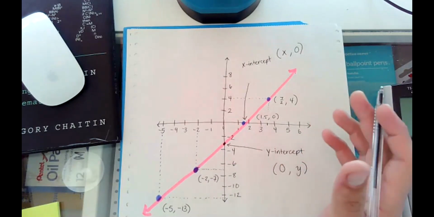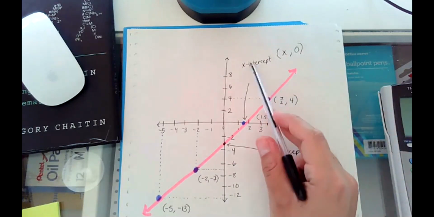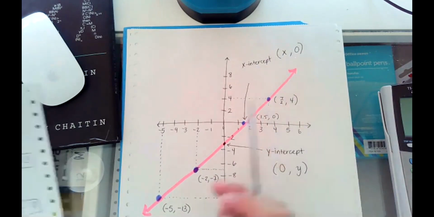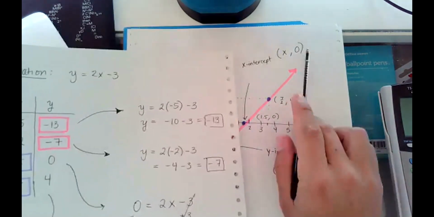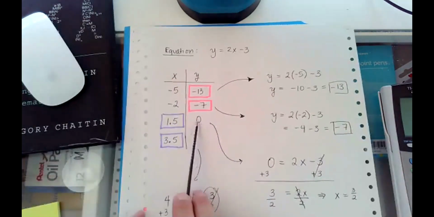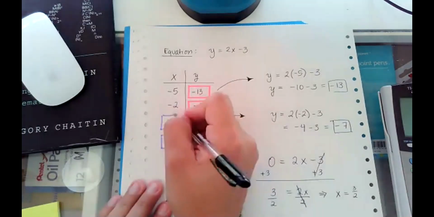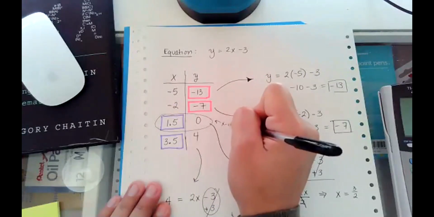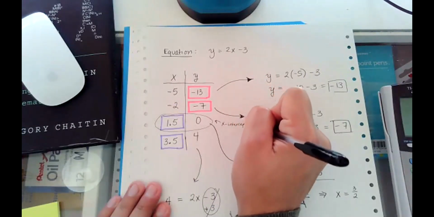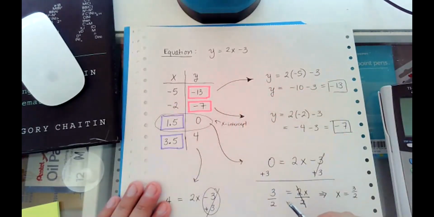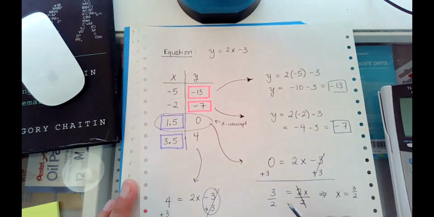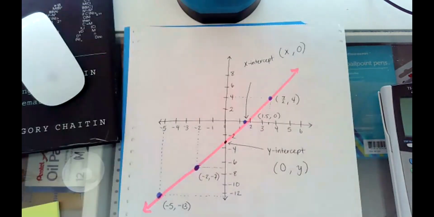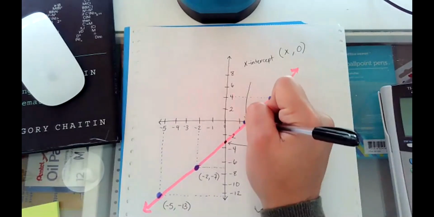So when I gave you this problem, one of the points that had the y value of 0, this guy right here, is the x-intercept of this line. Just some special vocabulary for those special landmarks.